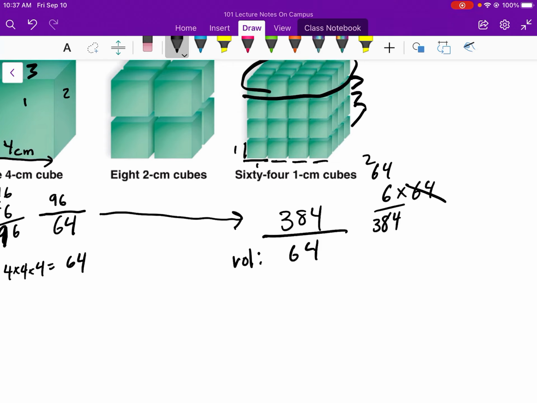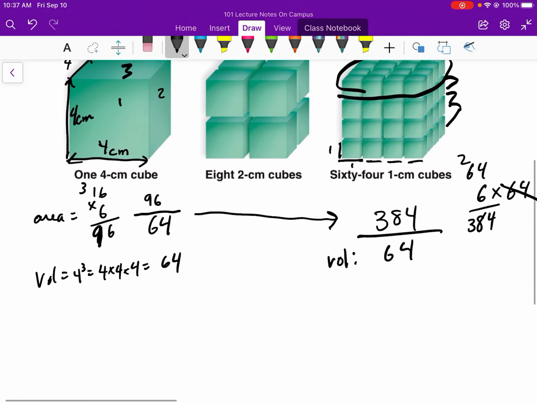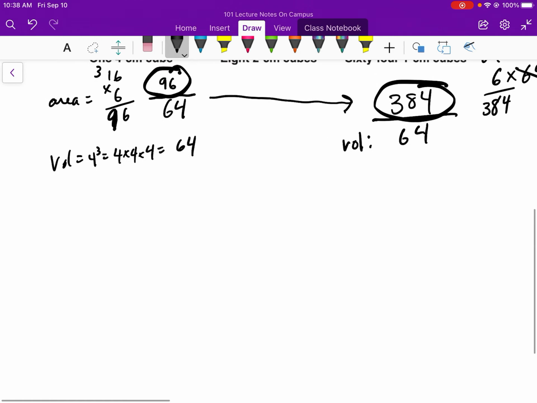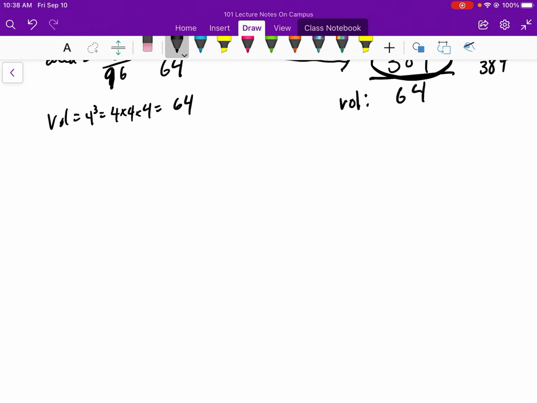You could also look at this in a way of saying that the surface area to volume ratio, here there's relatively little surface area, and here there's a lot, right? That's holding volume constant. This becomes important in a cell, because if a cell is very small, it has a lot of surface area relative to the volume.